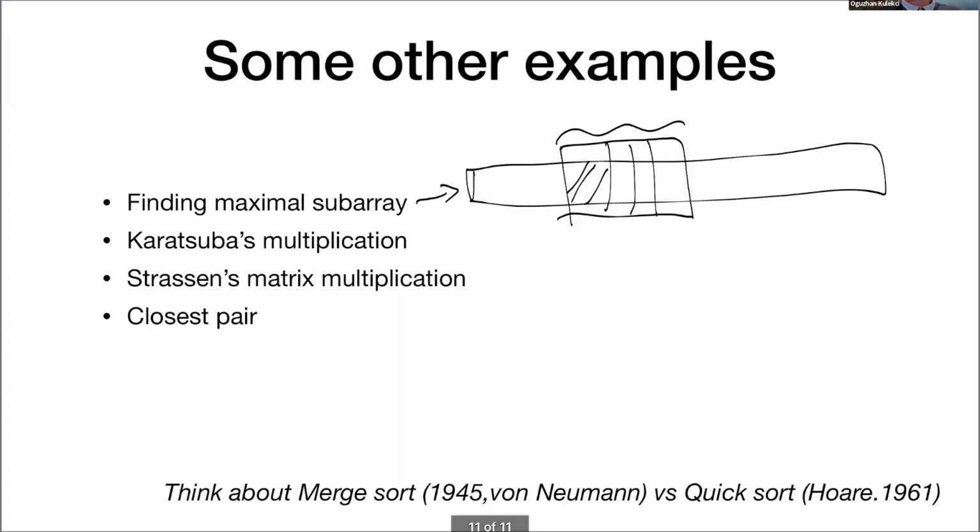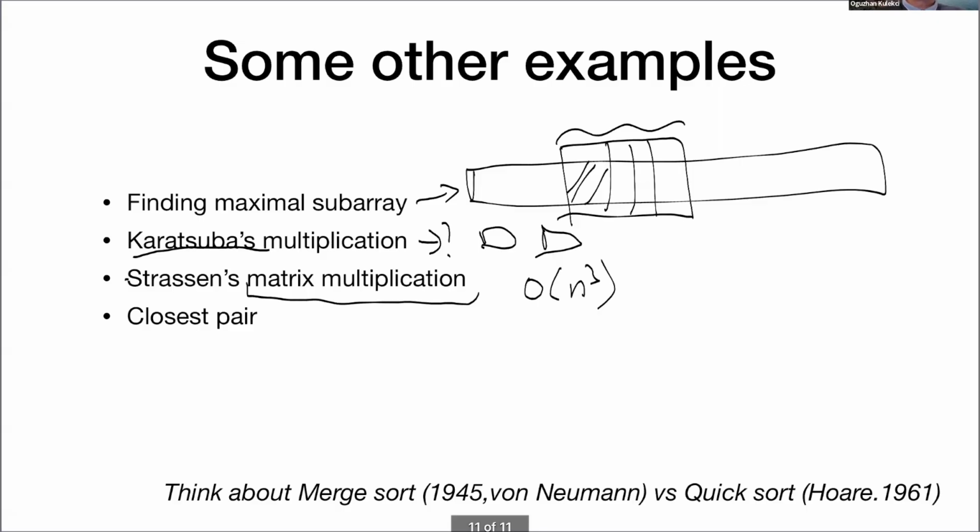Karatsuba's multiplication is another interesting example. You would like to multiply two integers. Is there a multiplication method that comes with a reduced cost? It's Karatsuba's multiplication. Similarly, there is matrix multiplication. That's a very important thing, and it's n cubed in the brute force manner.